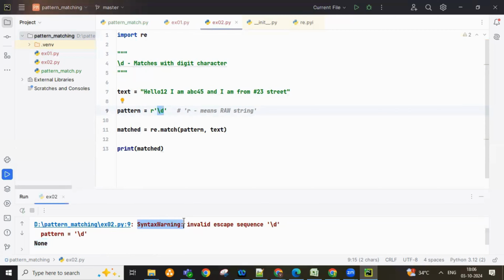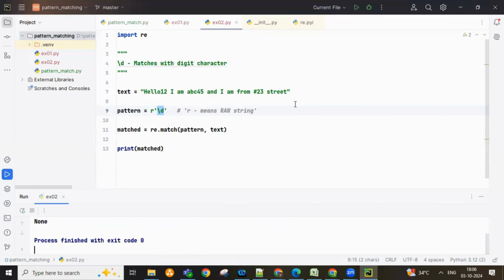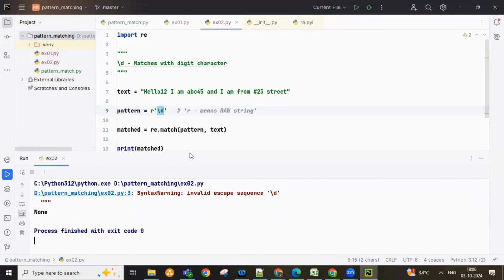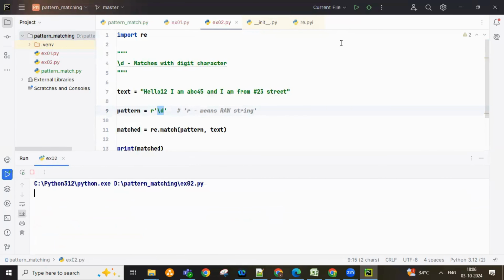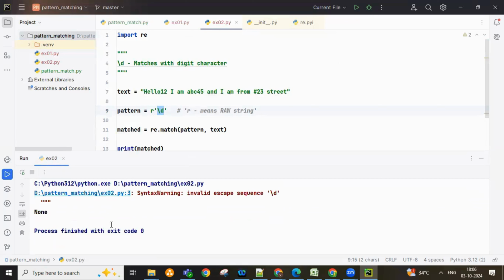Do you see this? Syntax warning, invalid escape sequence slash d. After fixing that, did you see that the error is still coming? For which line is it complaining? Line number 3.